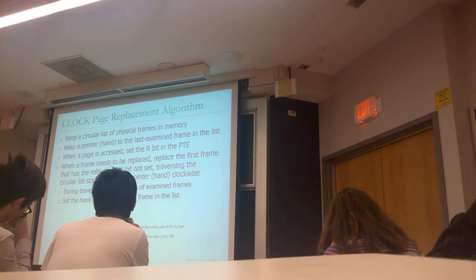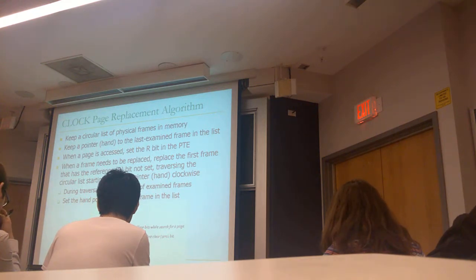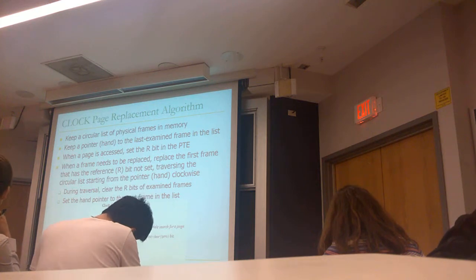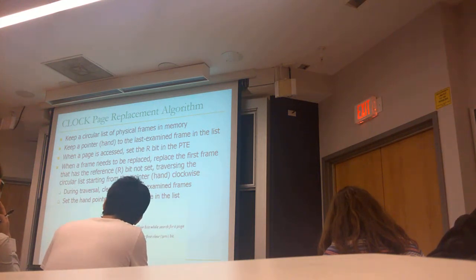The clock algorithm we have exercised in the homework, and we also tested it in our quiz 2. So for the clock algorithm, let's look at the exercise in our homework 3.